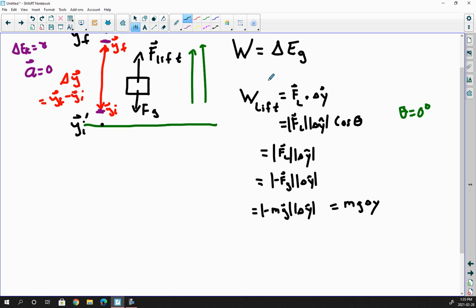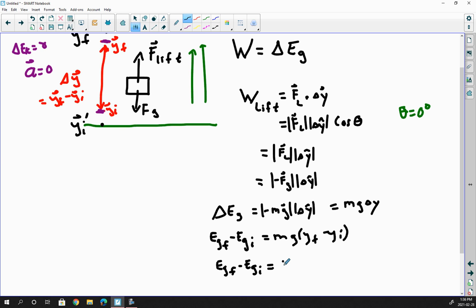So the work done by the lift force, the only energy that's been gained here is gravitational potential energy, which would be gravitational potential energy final minus gravitational potential energy initial, is equal to mg. Now instead of having delta y, I'm going to have y final minus y initial, and I can rewrite this as mg y final minus mg y initial.